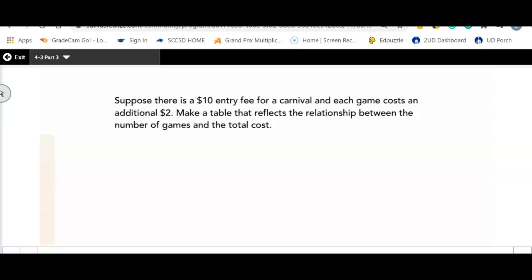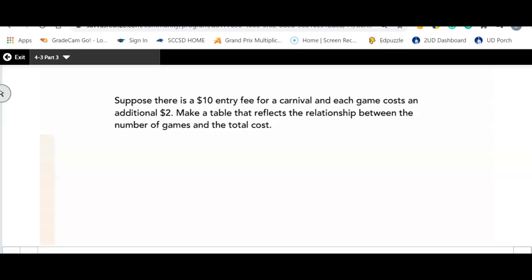Make a table that reflects the relationship between the number of games and the total cost.